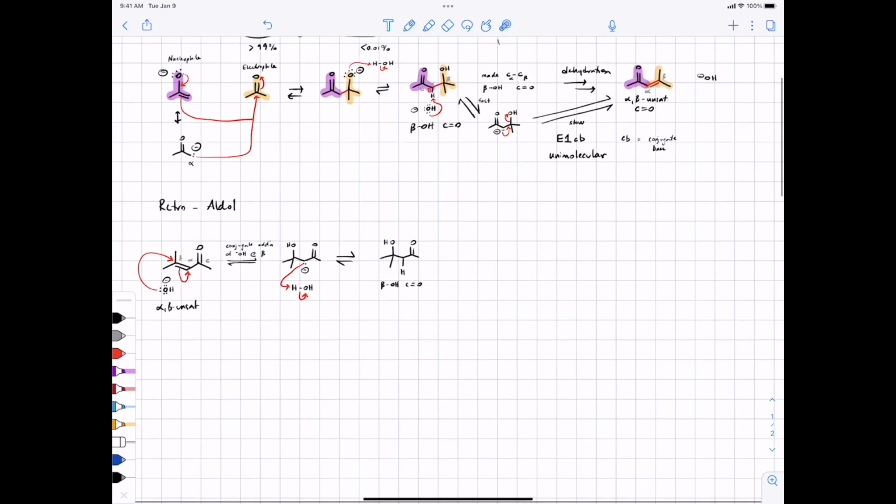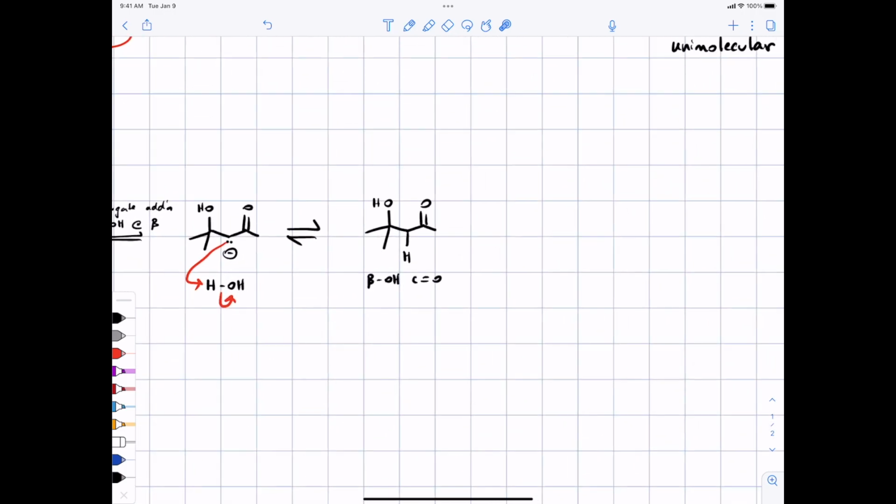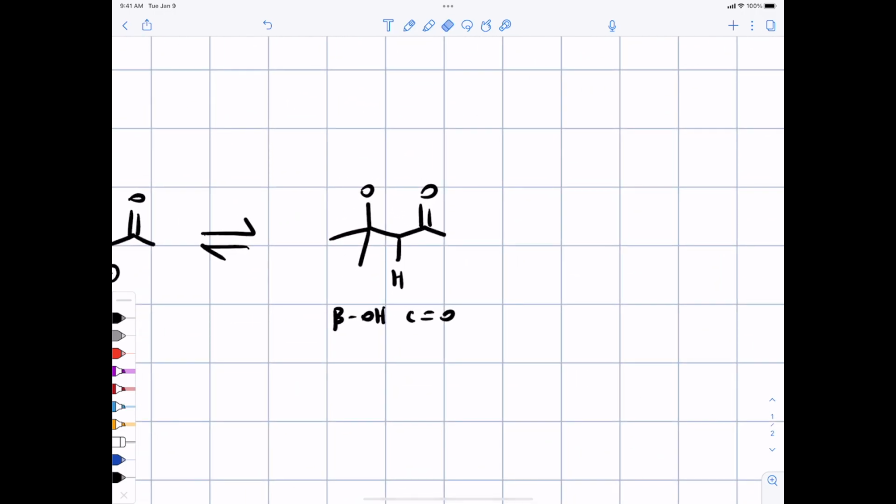If you look at where we went previously, before we got to that, we had our negatively charged tetrahedral intermediate. So we will get to that negatively charged tetrahedral intermediate simply by having hydroxide remove the proton from our beta hydroxy ketone. That gets us to the tetrahedral intermediate.